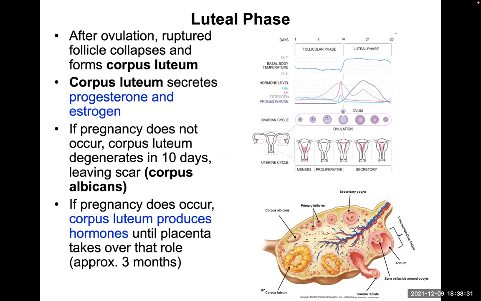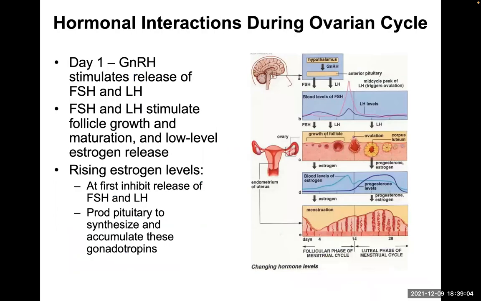If pregnancy does happen, the HCG from the embedded blastocyst, specifically from the syncytial trophoblast, talks to the corpus luteum and tells it to stick around and continue to secrete progesterone in order to keep the functional layer of the endometrium intact until the placenta is developed well enough to take over the role of being an endocrine structure. All right.